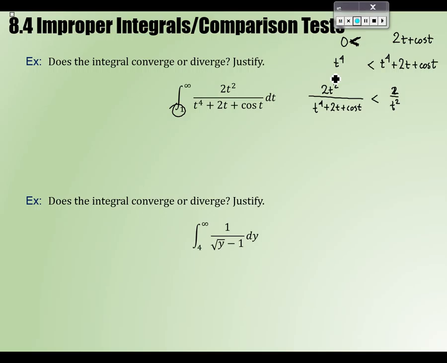In the end, let's just get rid of the 2 here, because maybe that's not helpful. Let's just prove that for now, and then we'll add the 2 in. Do you agree? If this is true, then this must be true. I'm just dividing.